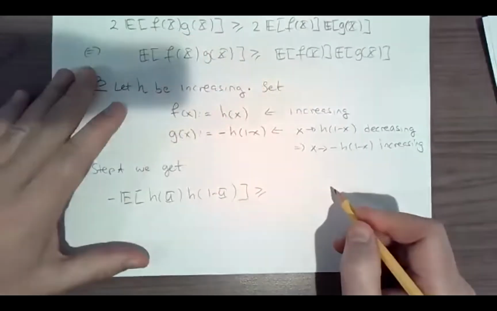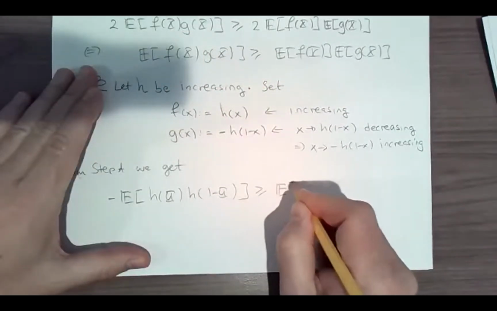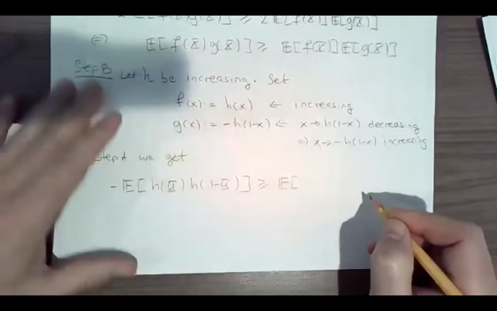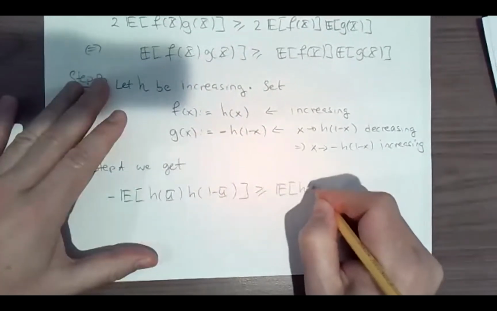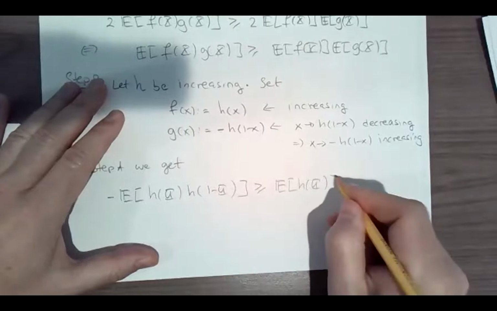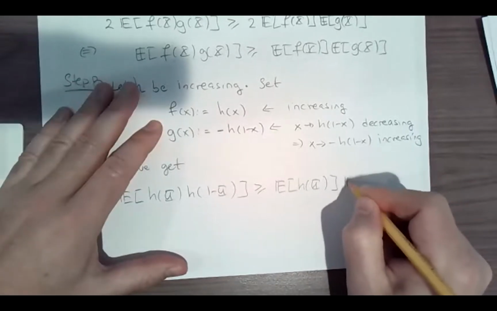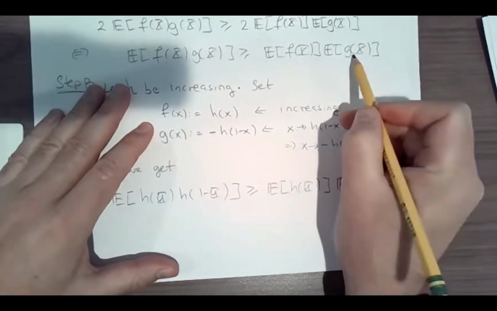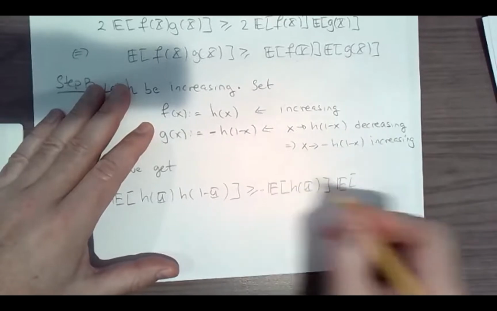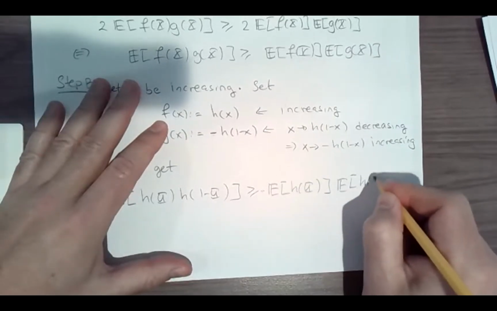And then on the right-hand side, f was h of u times, and g was minus, so we get another minus sign there, h of 1 minus u.